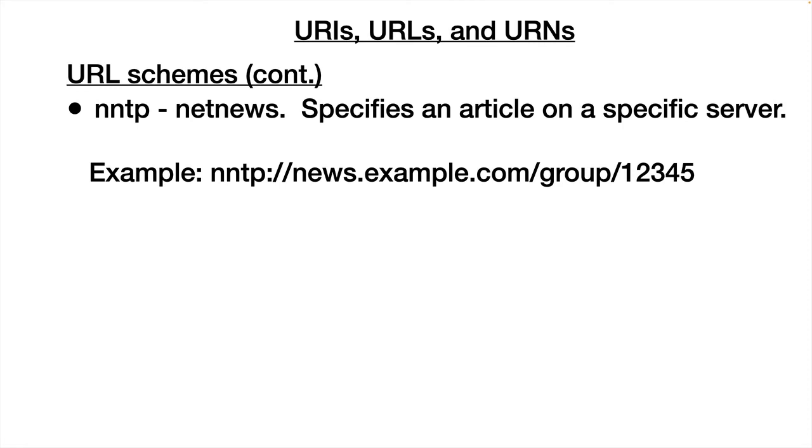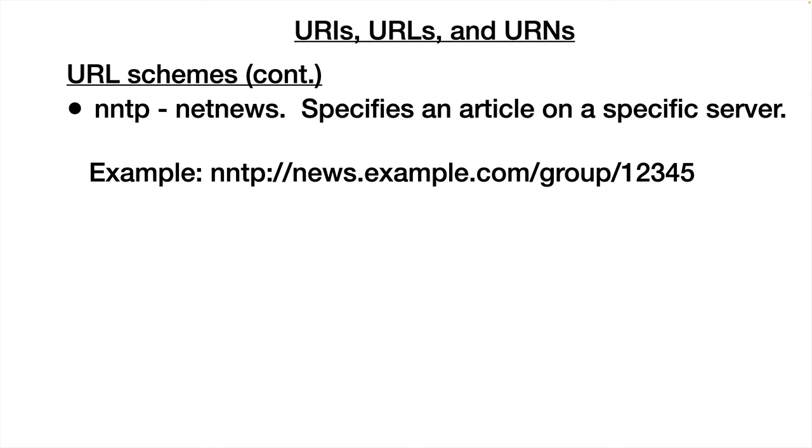Net news. This used to be how you shared information and discussed topics. Net news, like everything else, started out with a handful of groups and then has grown into the thousands, I think the tens of thousands, like 30,000 news groups. But if you wanted to access it, there's actually two ways. You can use NNTP for the net news server, and that is when you want to go to a particular article that is on a particular server.